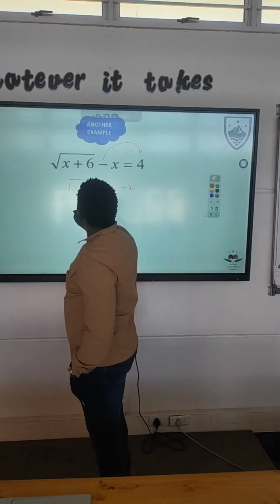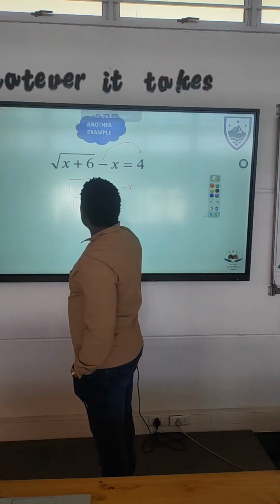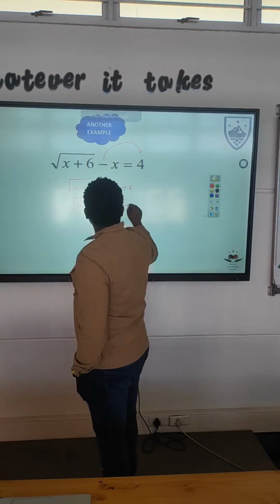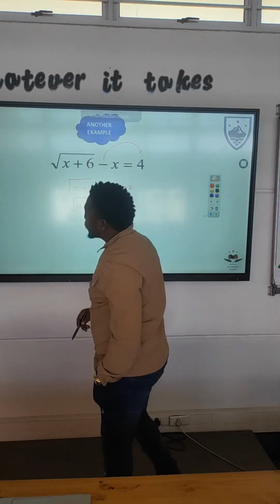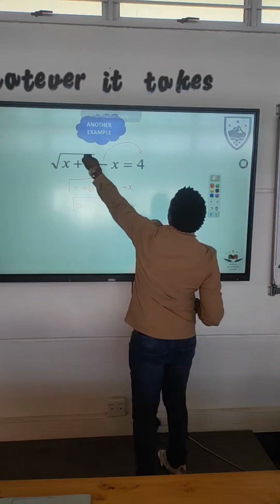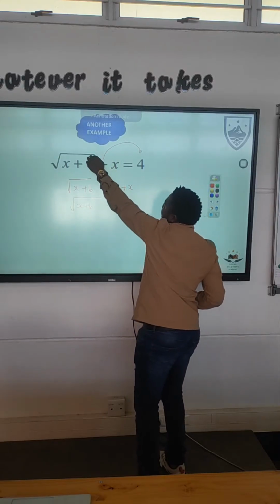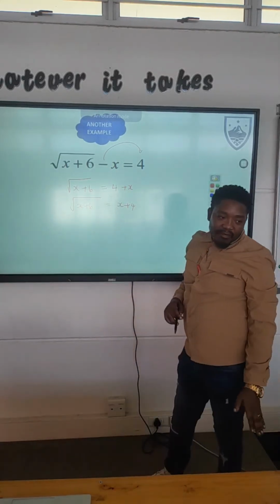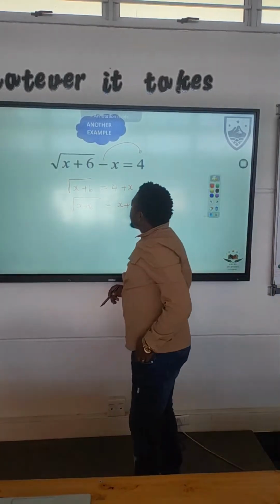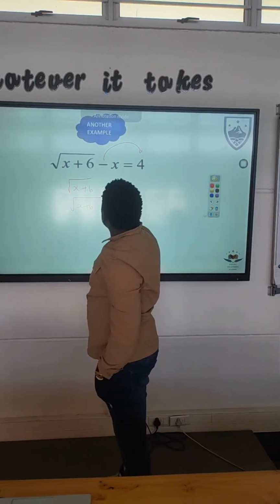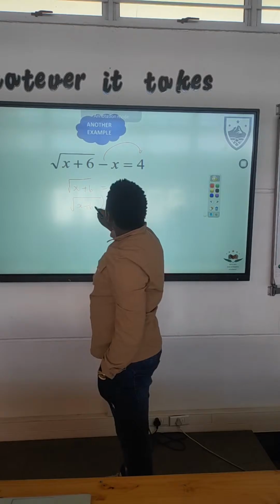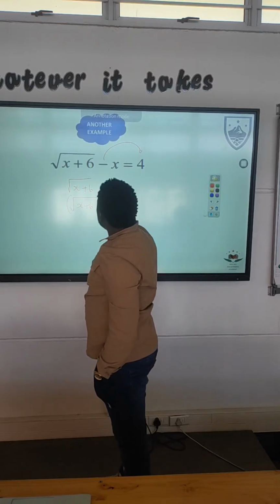Let's rewrite so we can be able to see it properly. We have the square root of x plus 6 being equal to x plus 4. You cannot take this 6 and transpose it to the other side because it's under the square root. Also be careful of that. And then we're going to square both sides because we are getting rid of the square root.